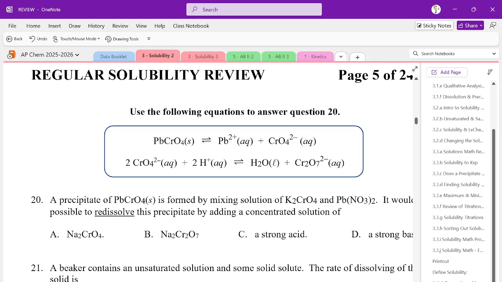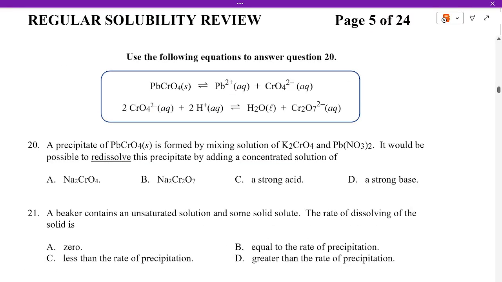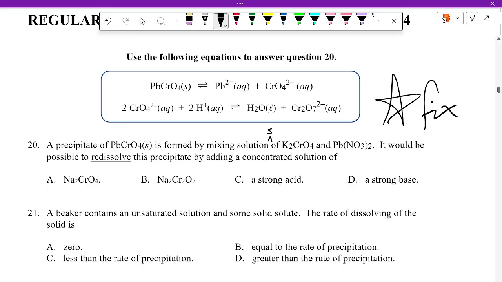Number 20. A precipitate of lead chromate is formed by mixing solutions of potassium chromate and lead nitrate. It would be possible to redissolve this precipitate by adding a concentrated solution of... So we have this precipitate here and we want to redissolve it.